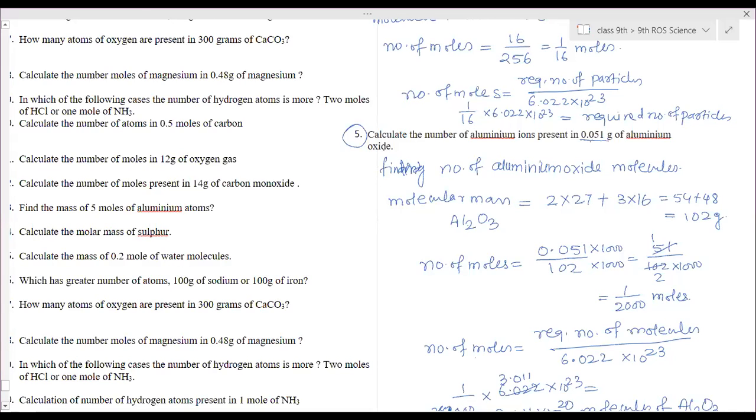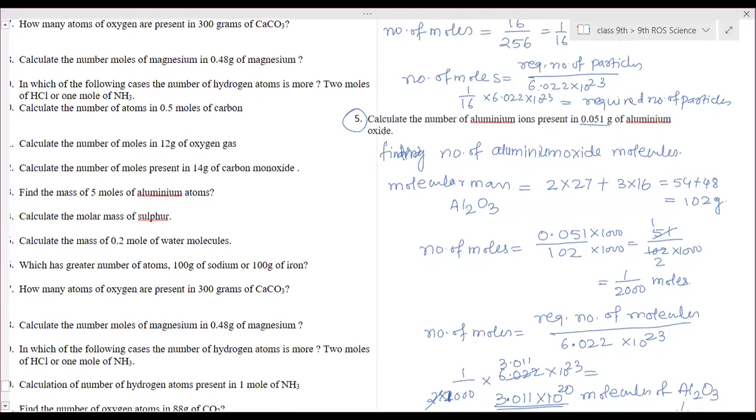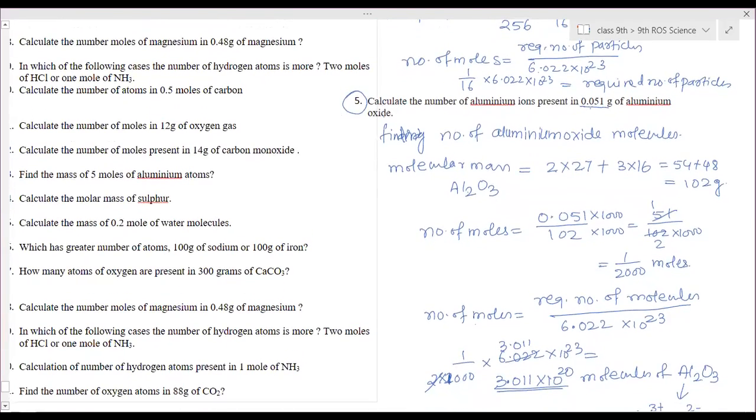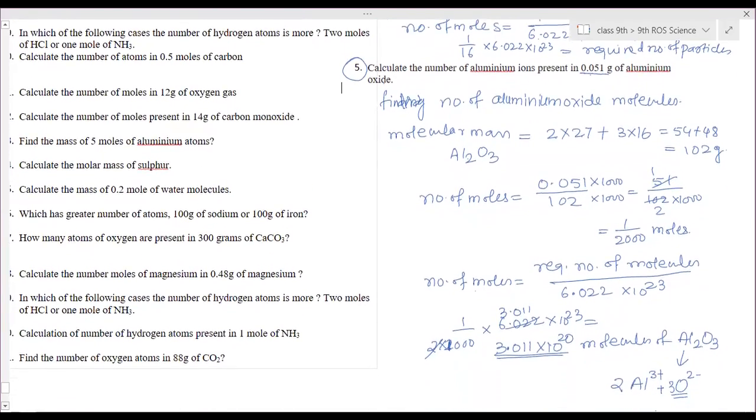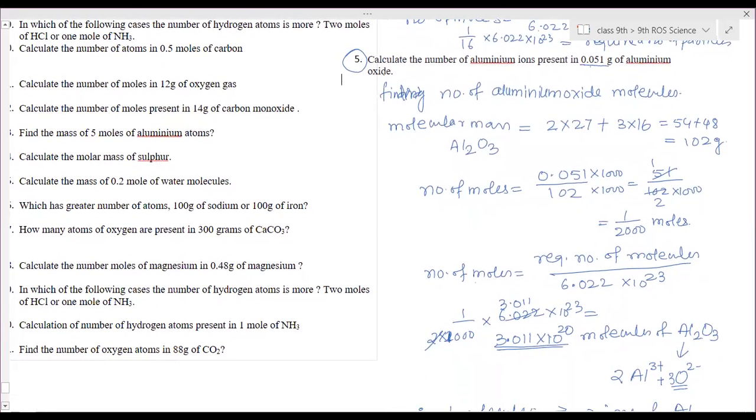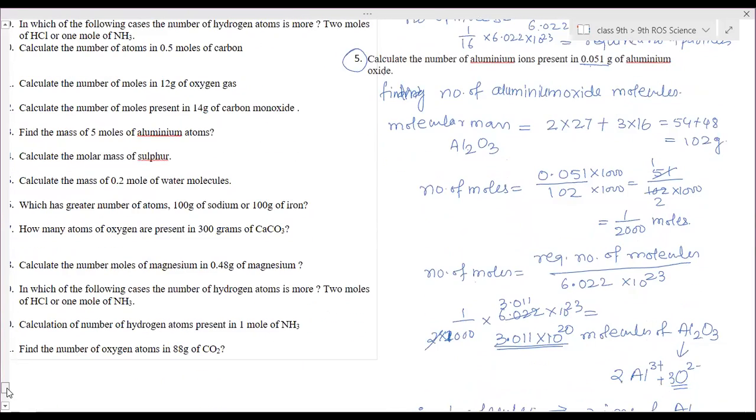Whoever has a doubt in the fifth question, did you understand? Yes, ma'am. Write down this. Ma'am, could you scroll a bit more down? Ma'am, is it a question commonly asked in exams? This one.